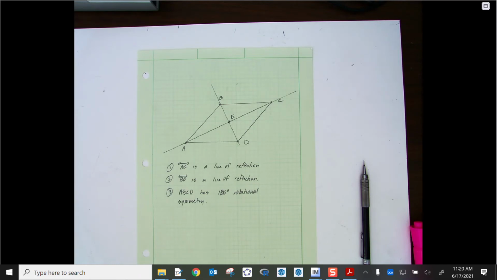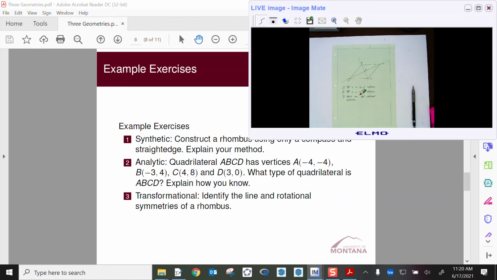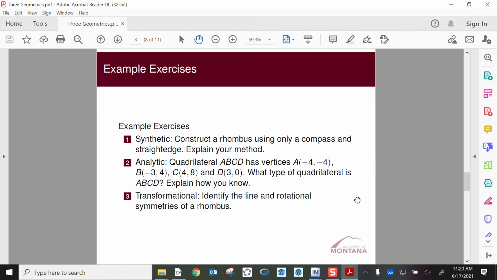These reflection lines happen to be the diagonals, and where those 2 reflection lines intersect, we'll call it E. That point becomes the center of a rotation of 180 degrees that allows the figure to return to itself, so it's got 180 degree rotational symmetry. All right, so 3 different views of the rhombus. Let's go ahead and move forward here.